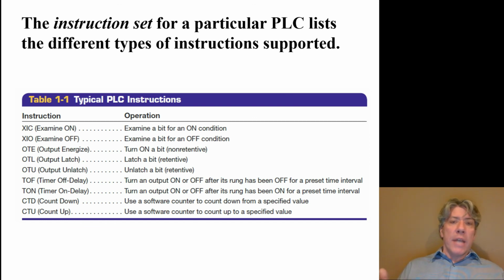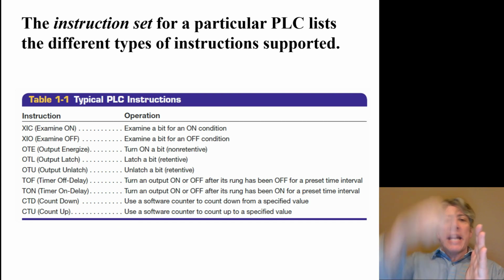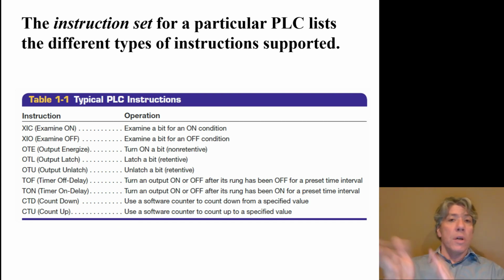Maybe you want something to happen when a switch is pressed, not just based on the fact that that switch is being held down, but when the switch changes state. That is a rising or a falling edge. And so Automation Direct, for example, has instructions in their palette that look like the regular contact in XIC, but with an arrow pointed down or up to indicate that this is a switch that turns on when it detects a rising edge or a falling edge.